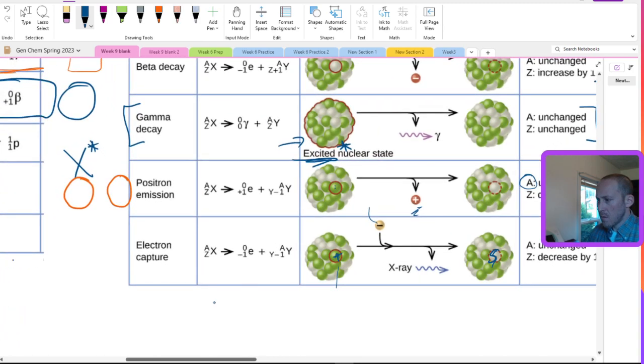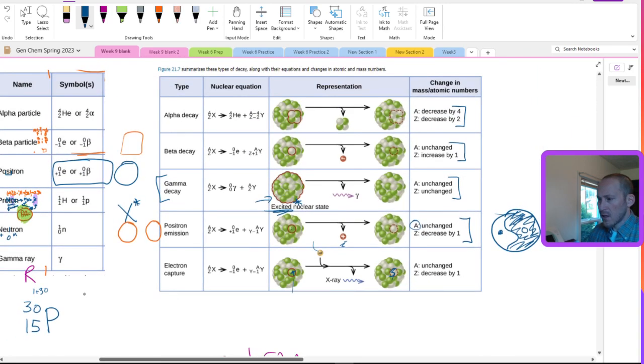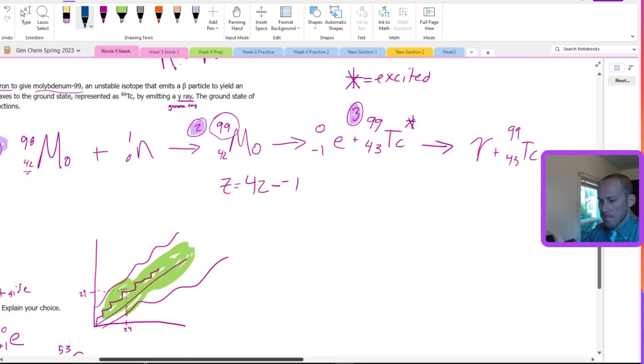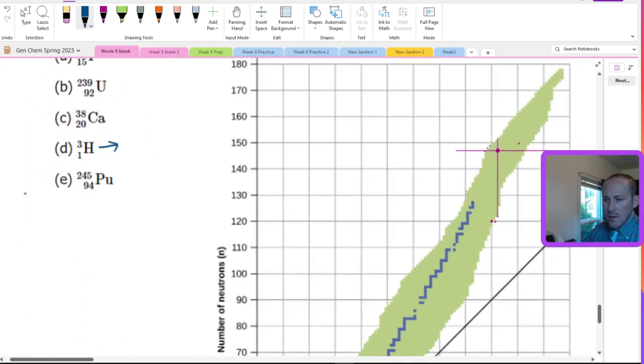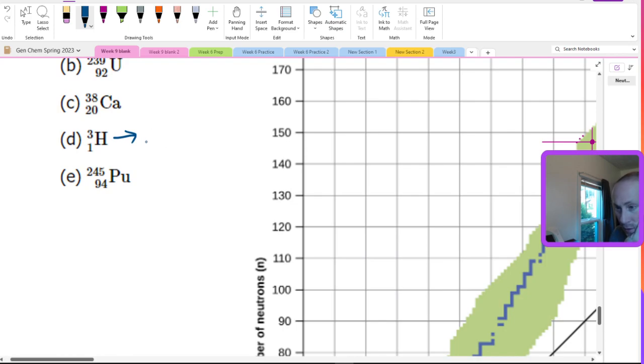So this must therefore be beta decay. Let's try beta decay. So if it loses an electron, minus a negative, so it's beta decay, it lost an electron, and now it's helium 3, which, let's see if that's stable.